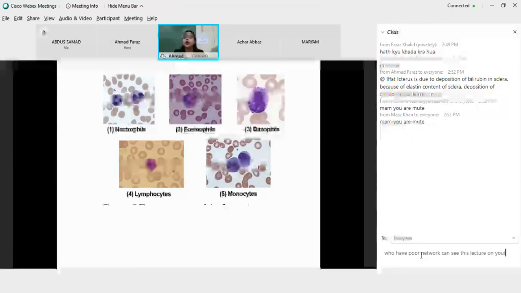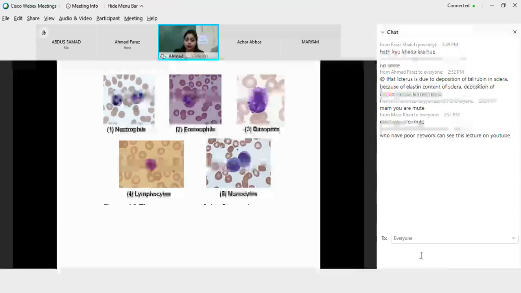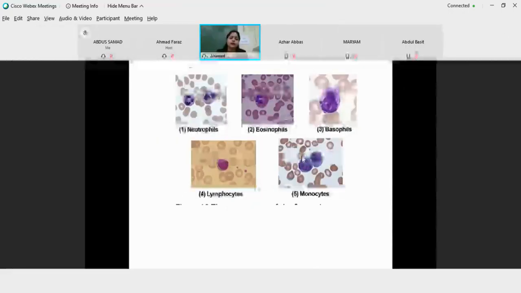Then you have to see the lobes of the nucleus, whether it is multilobed or bilobed. Then you have to see the granules, whether it is a granulocyte or agranulocyte. Then you have to see the color of the granules, size of the granules, and shape and position of the nucleus. Depending on these features, you will be able to identify which cell you are observing under the microscope.